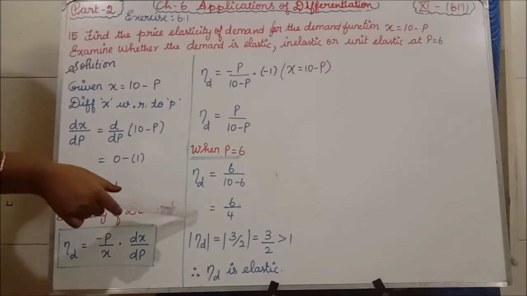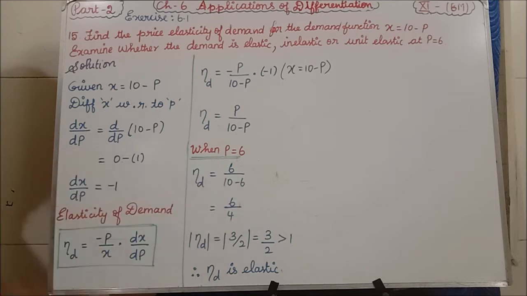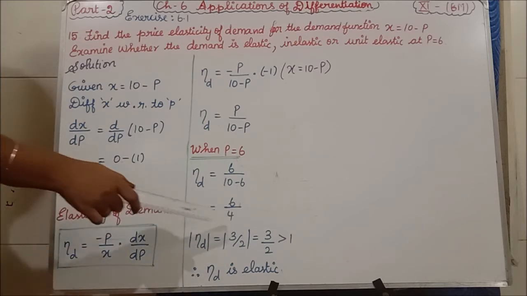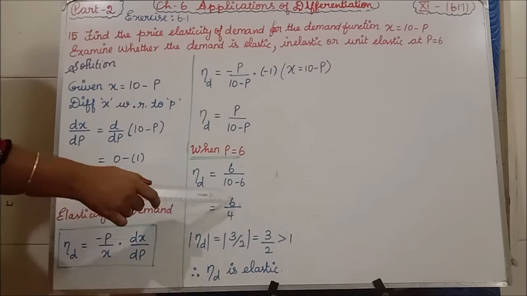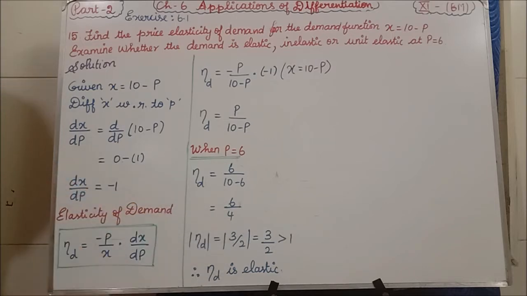Now eta d is equal to 6 divided by 10 minus 6, which is 6 divided by 4. 6 and 4 both go in the 2 table. In the 2 table, 6 is 3 times and 4 is 2 times. So after cancelling I get 3 by 2.